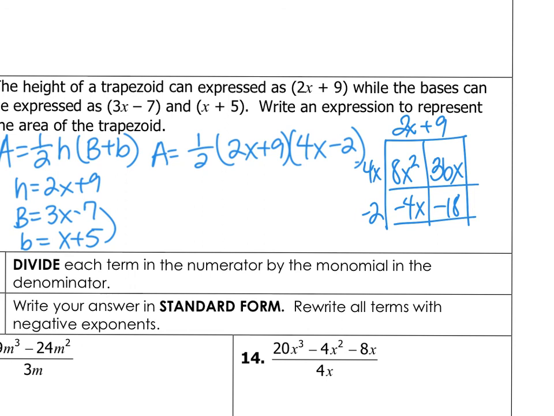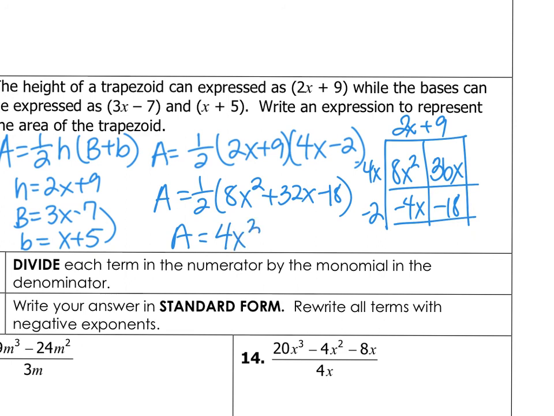So when I combine my like terms, I've still got the 1/2. I've got 8x squared plus 32x, because negative 4 plus 36 is 32, and then minus 18. And then I'm going to distribute the 1/2, so I'm going to multiply everything by 1/2. And then 1/2 times 8 is 4. Half of 32 is 16. Half of 18 is negative 9. So I have 4x squared plus 16x minus 9.